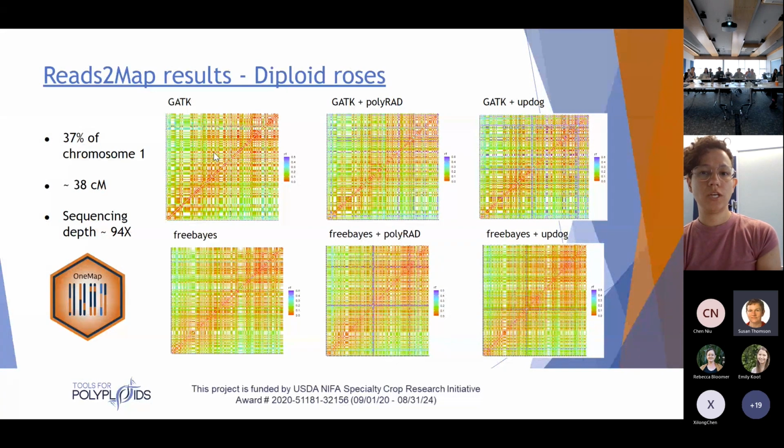This is using GATK as SNP calling and PolyRAD as dosage calling. This is the same, but with Updog as dosage calling. You can see that sometimes this graphic is not as good as this other one here or this other one here. And this was with the diploid roses dataset, and it was a pretty nice dataset. I ran just a subset because I just wanted to know which pipeline I will use. I don't want to build the map yet. But once I decide the method, I can go in R and build the map.